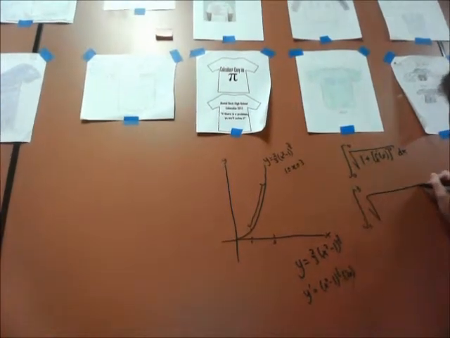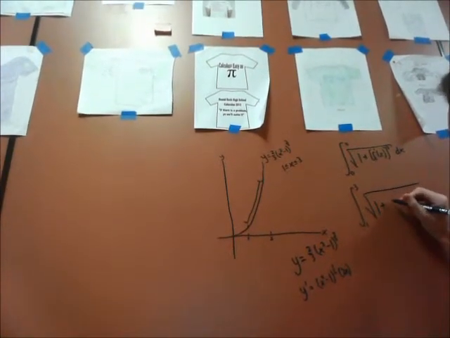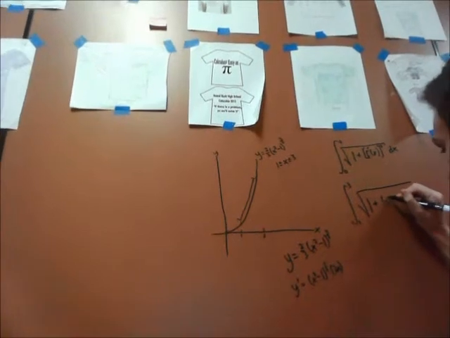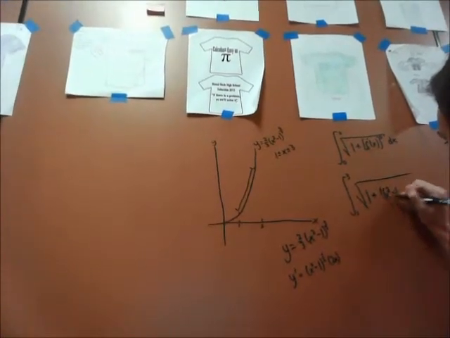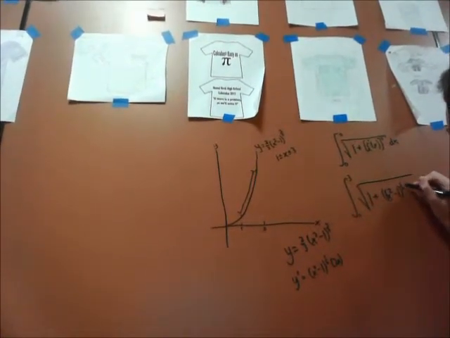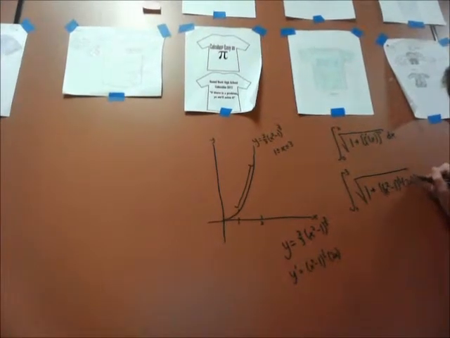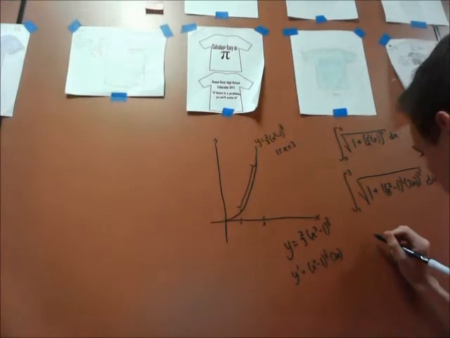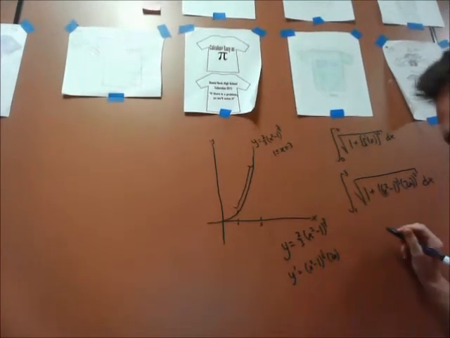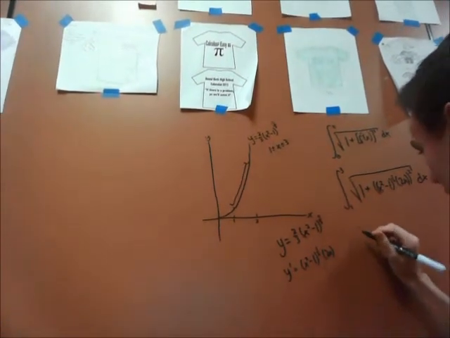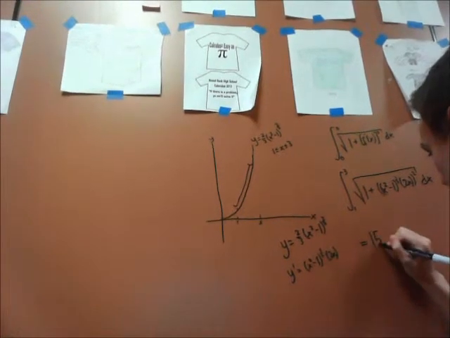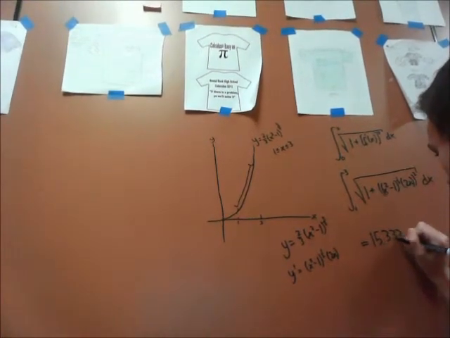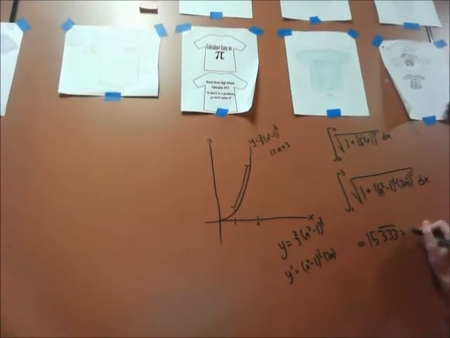That gives you 1 plus ((x squared minus 1) to the 1/2 times 2x) squared dx. This is kind of complicated to solve by hand, but it ends up giving you 15.333, or 46 over 3.